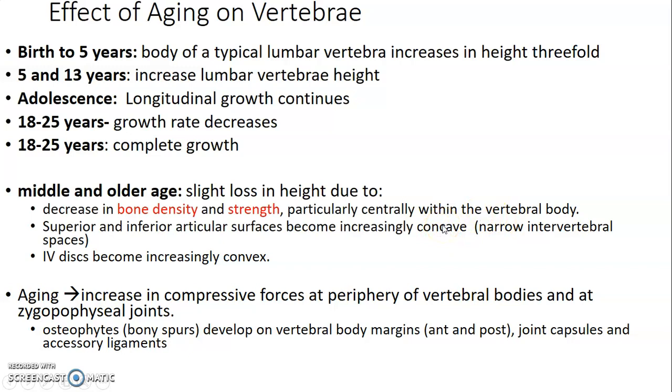With aging, there's an increase in compressive force at the periphery of the vertebral bodies and the zygapophyseal joints, leading to osteophytes. Osteophytes are just bony spurs that form at the peripheral part of the bones and joints.